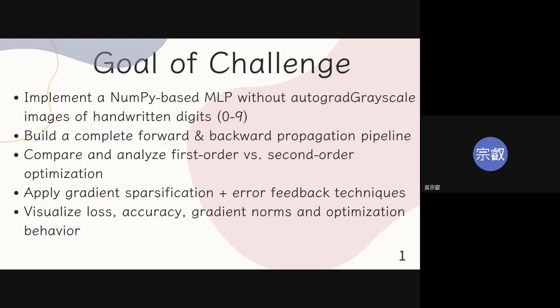And finally, a big part of the challenge was to visualize training dynamics, including how loss, accuracy, and gradient norms evolved, so we could directly compare how different optimization methods behave over time. All these components are integrated into a single NumPy-based training pipeline, making this one of the most technically demanding, but also rewarding challenges for us.